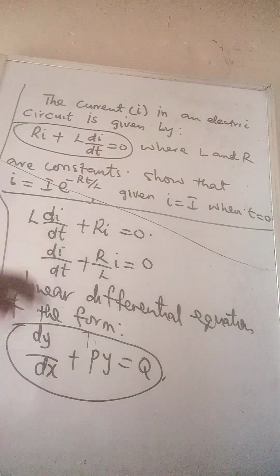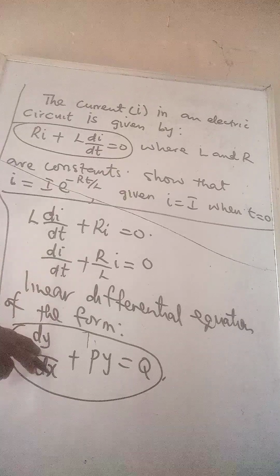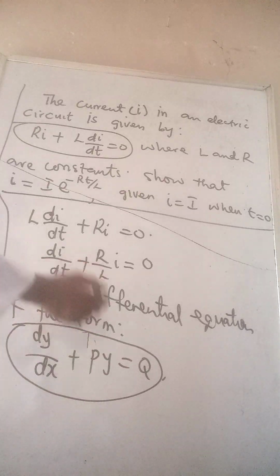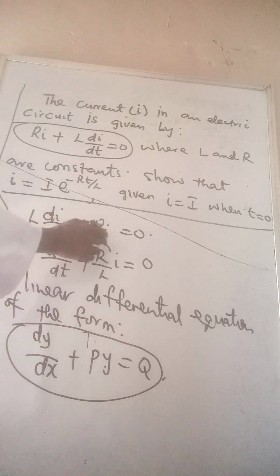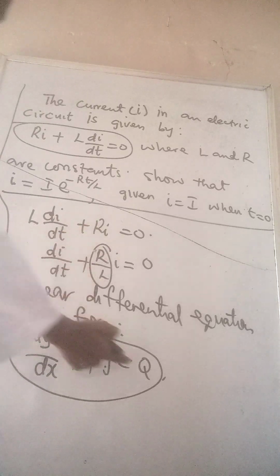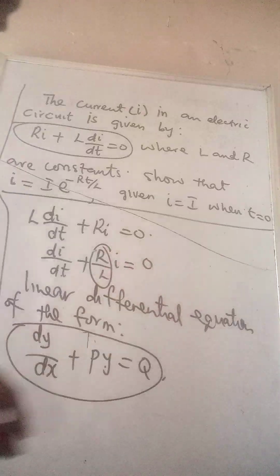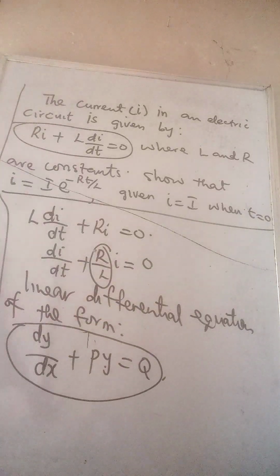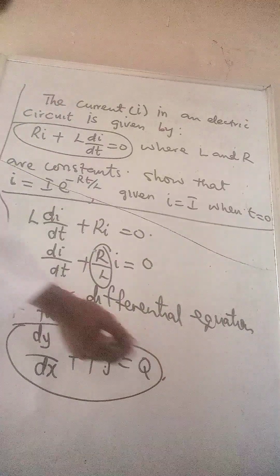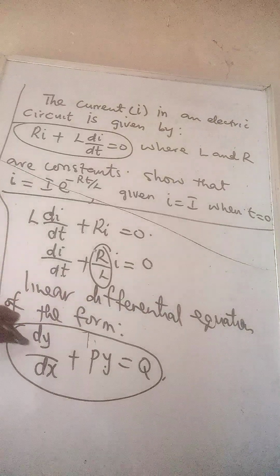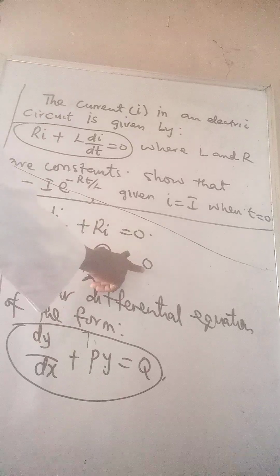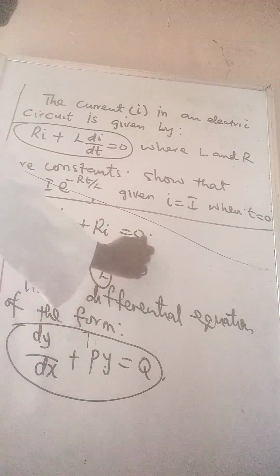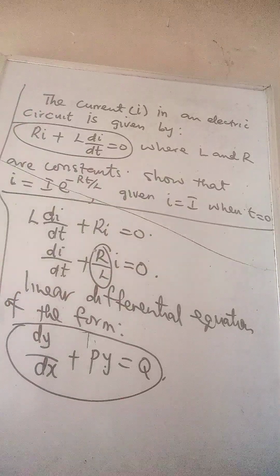That means i is taking the place of y, and t is taking the place of x. That means P will be R over L and Q will be 0, because according to linear differential equation, Q can be a constant or a function of x under this format. That means Q is a constant here, which is 0.